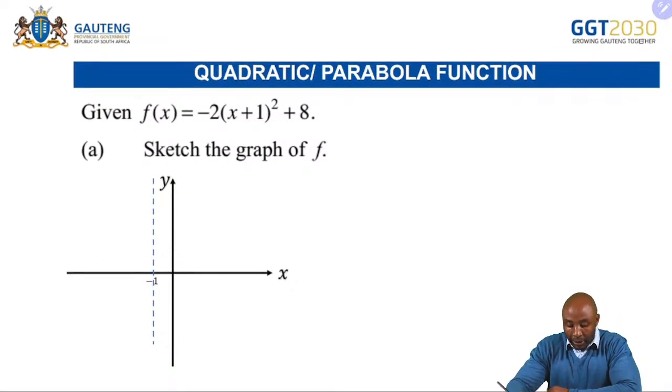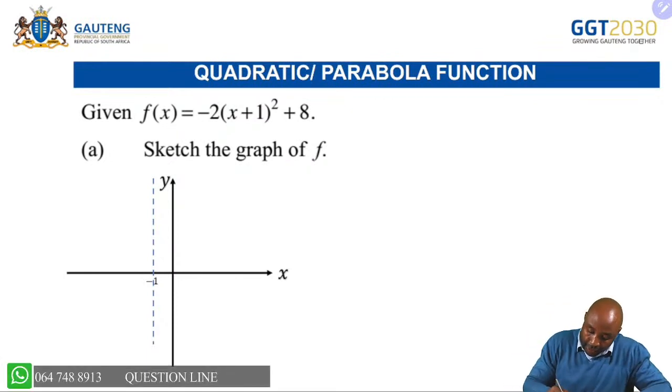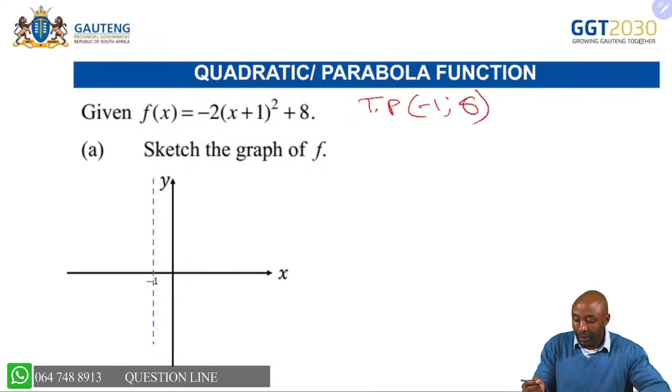So to sketch the graph, remember we need our turning point. So from this, we are able to see that our turning point will be given by -1 and 8. We are also able to see that the equation of our axis of symmetry will be given by x is equal to -1. And then we also need our y-intercept.